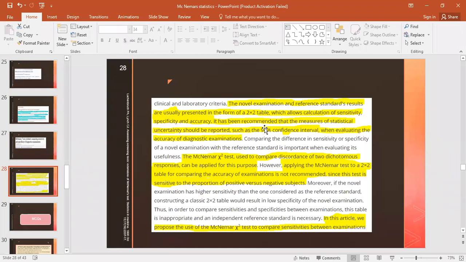The McNemar chi-square test, used to compare discordance of two dichotomous responses, can be applied for this purpose. Applying the McNemar test to a 2x2 table for comparing the accuracy of examinations is not recommended, since the test is sensitive to the proportion of positive versus negative subjects. In this article, we propose the use of the McNemar chi-square test to compare sensitivities between examinations.